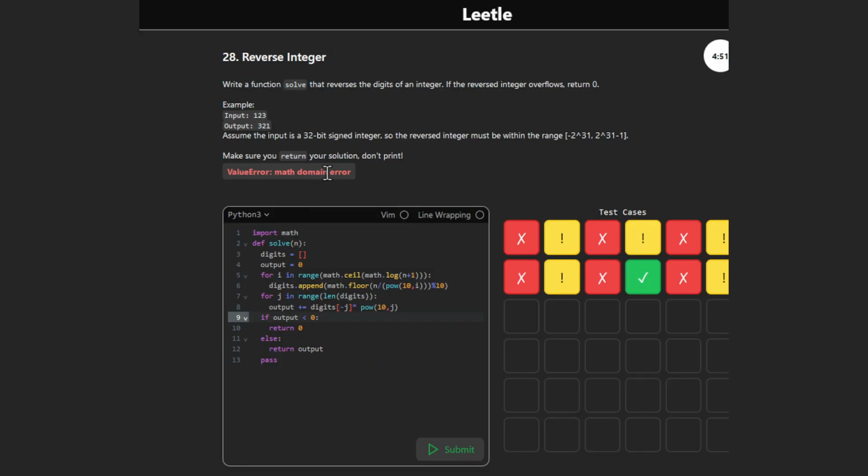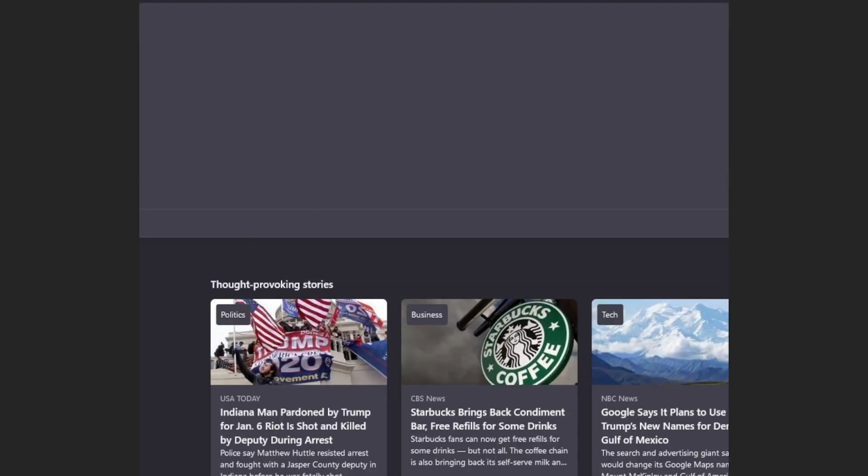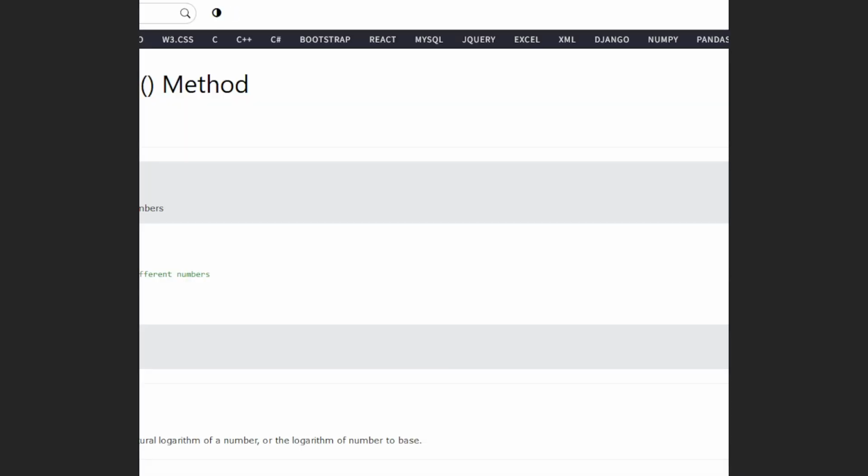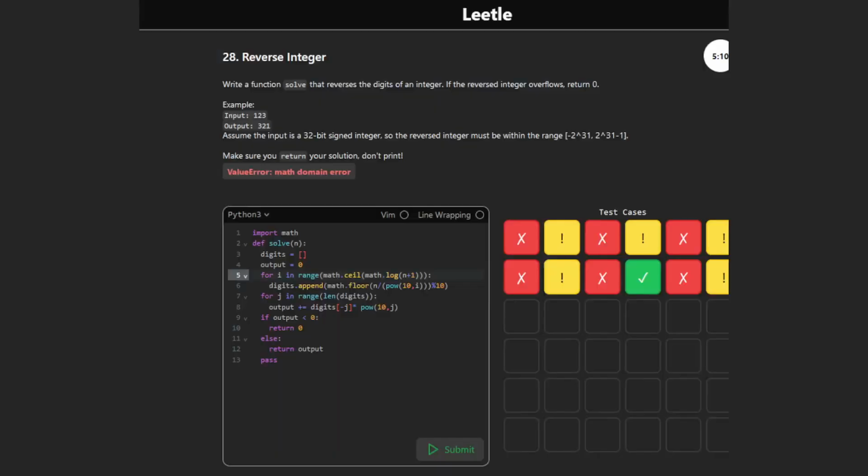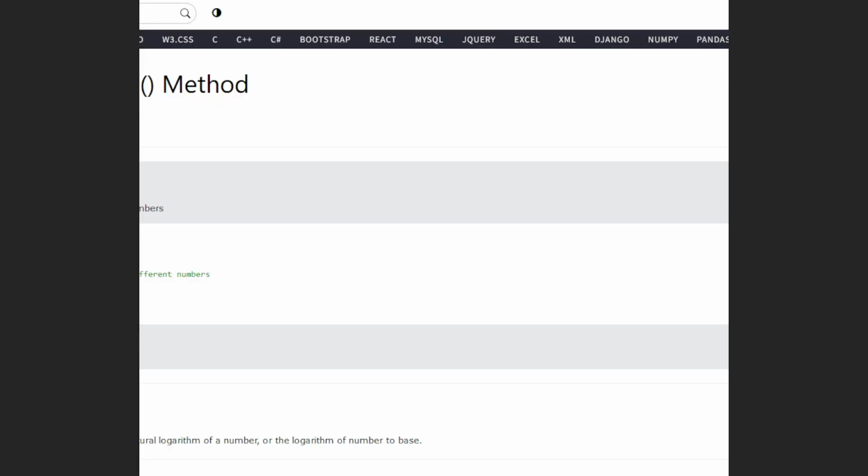Math domain error. That means that I'm inputting an invalid number into the logarithm function. Why? Does math.log have an upper bound? Oh. Nope, okay.